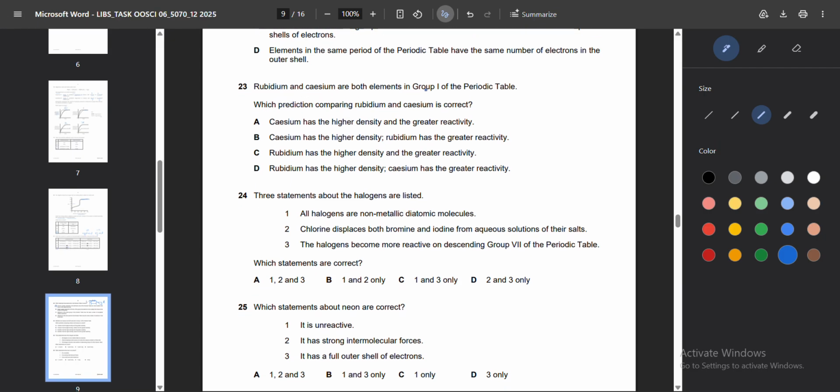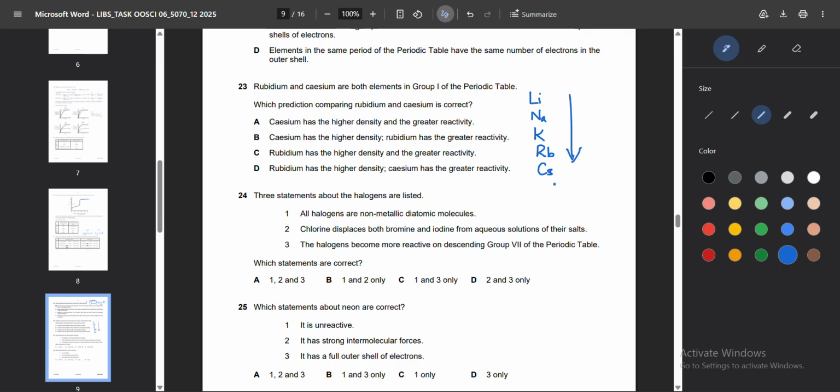Rubidium and cesium are both elements in group 1 of the periodic table. Which prediction comparing rubidium and cesium is correct? Now in alkali metals, when you have lithium, sodium, potassium, rubidium and cesium, cesium has higher density and greater reactivity.